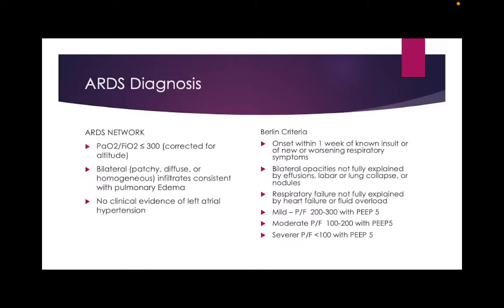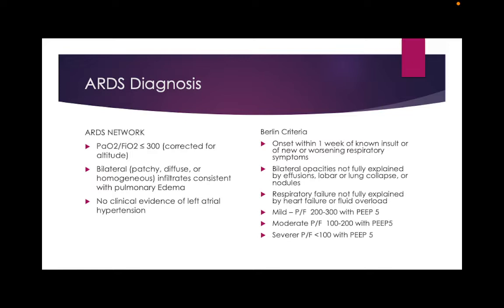Okay, so ARDS stands for Acute Respiratory Distress Syndrome. And there's two different diagnoses that people look at. The ARDS Network is the older one, and it talks about a PaO2 to FiO2 ratio of less than 300.